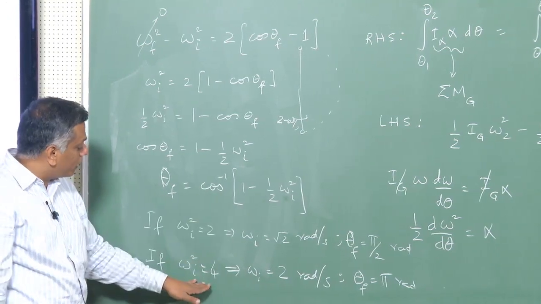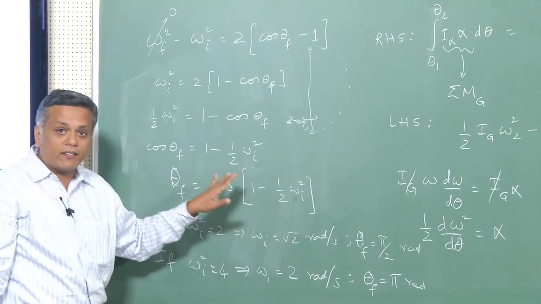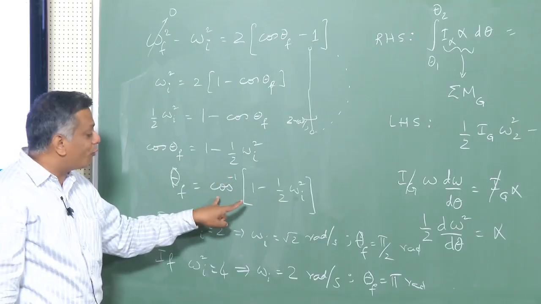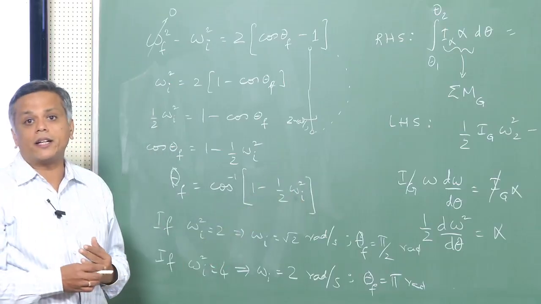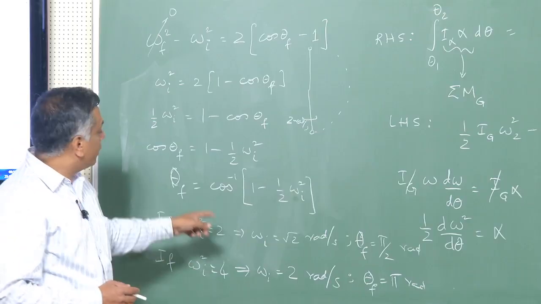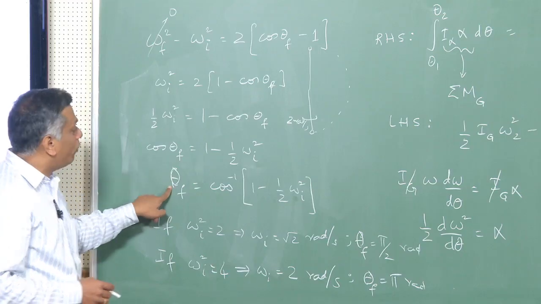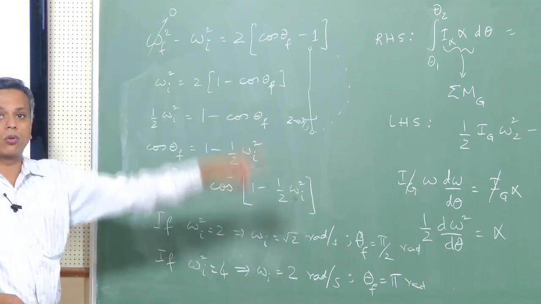So if omega I squared is greater than 4, you can never find a cosine inverse of the argument there for real theta. That means the bar would never come to rest. There is no such thing as a theta f at which omega f is 0. It would just continue to rotate forever.